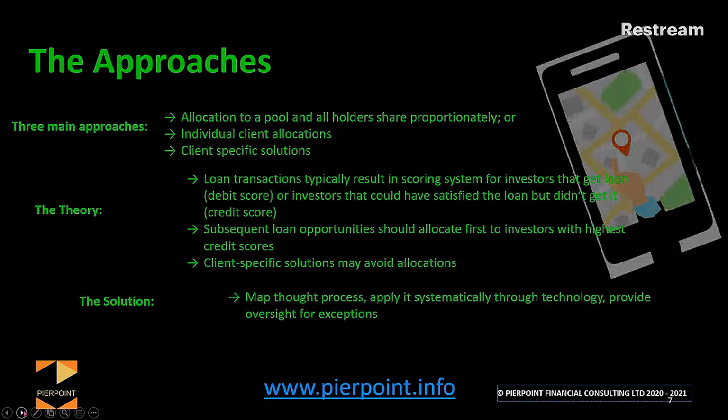If we now look at the three main approaches, first of all, is allocation to a loan. So a borrower comes into an agent lender. That agent lender has a pool. Actually, they have multiple pools, often based on the withholding tax for each of those pools, but that's maybe a little bit too complicated. So it goes to, I want to borrow 100 shares of Apple. This group, of course, has 100 shares of Apple, and there are different ways of allocating it there. You could have underlying clients that get allocated individually based on their turn in the queue, or you could just have a proportionate share.